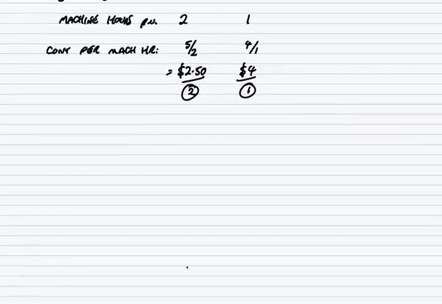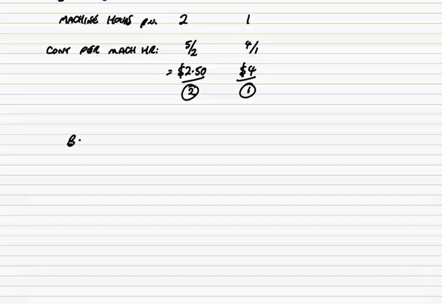And now we can decide how many we're going to produce of each. Remember, we've only 48,000 hours available. The best use of time is product B at $4 an hour, so we'll go for product B first and produce as many units as we possibly can.